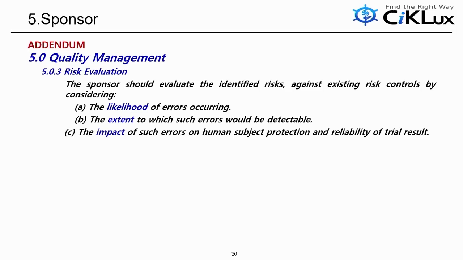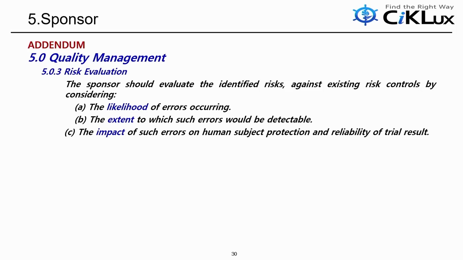Then the risk needs to be evaluated: the likelihood of occurring, the extent to which such errors would be detectable, and the impact of such errors, whether they impact human subject protection, and to what extent. Those things need to be considered in evaluating risk.